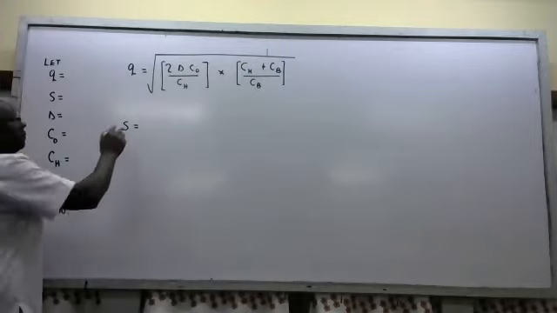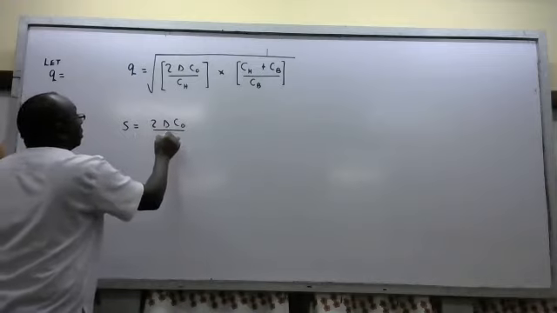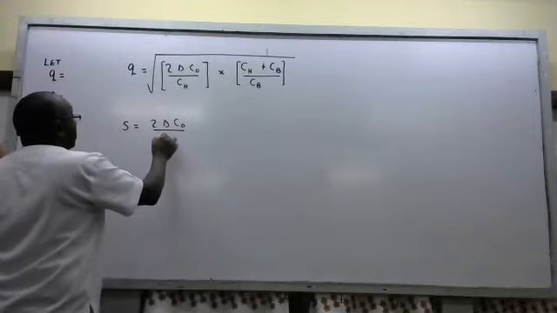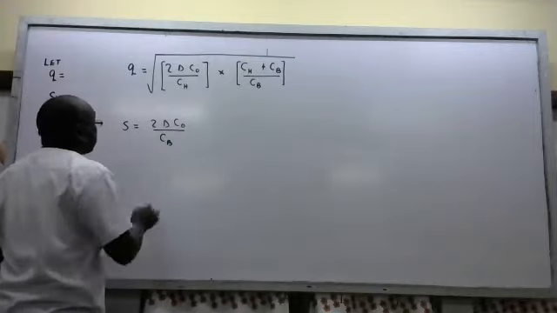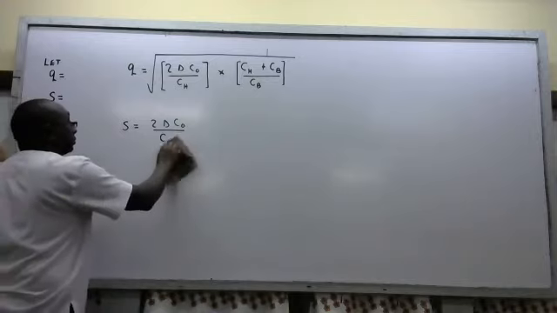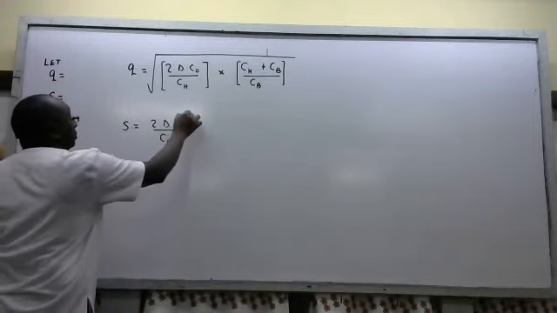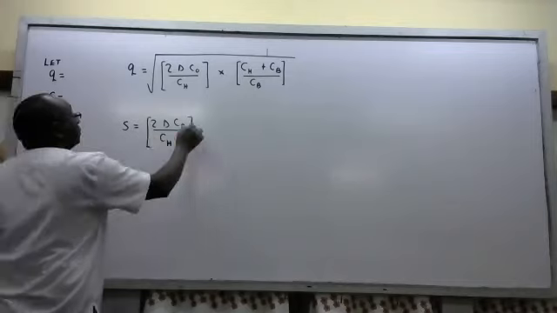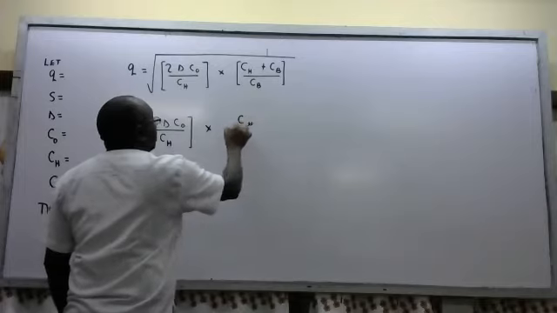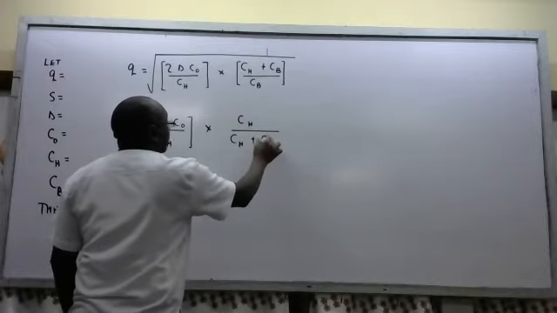S is 2DC naught out of CB, sorry, CH, multiply by CH out of CH plus CB.